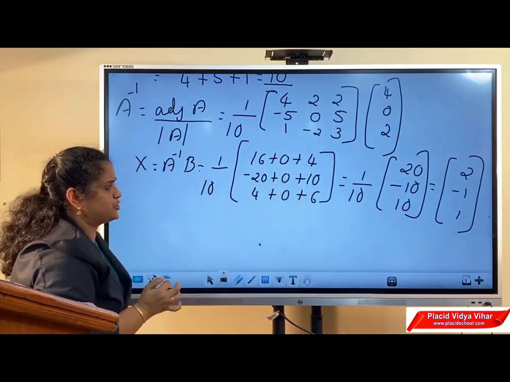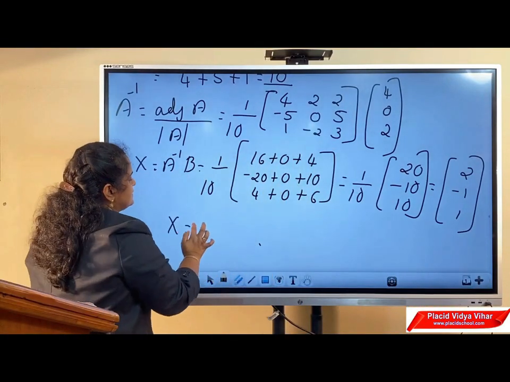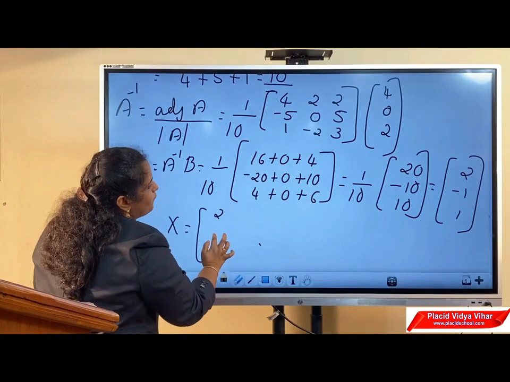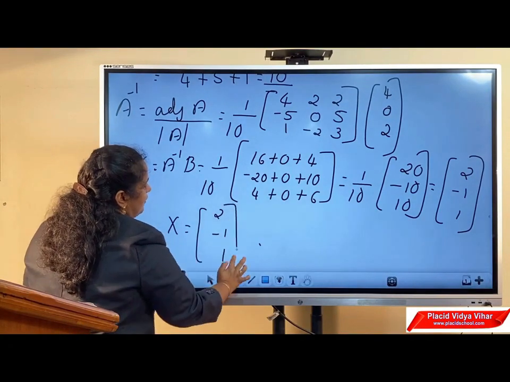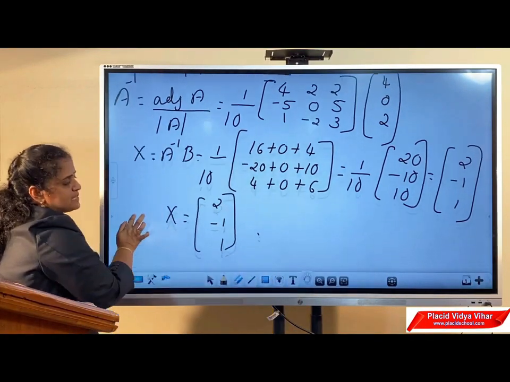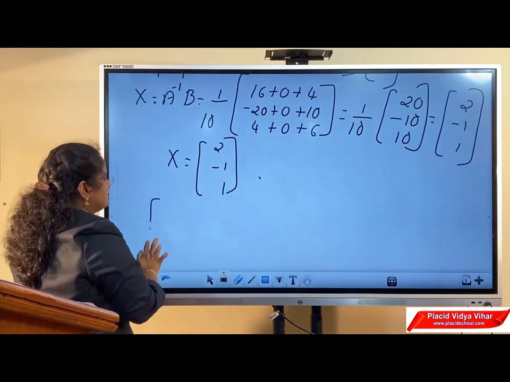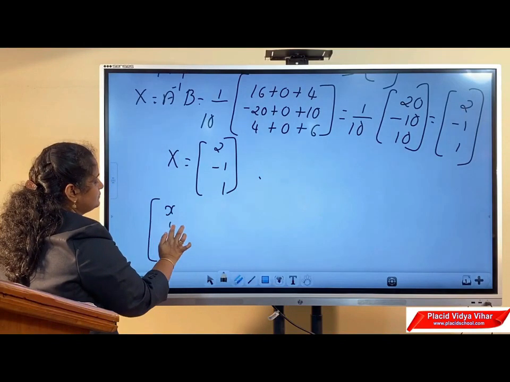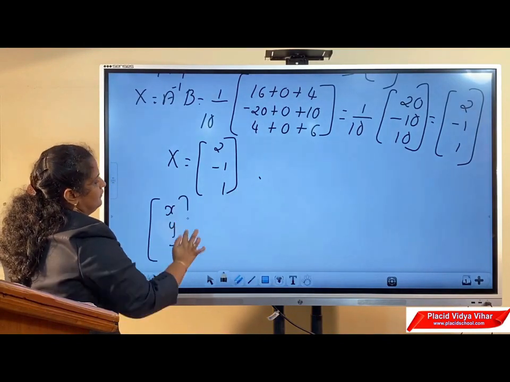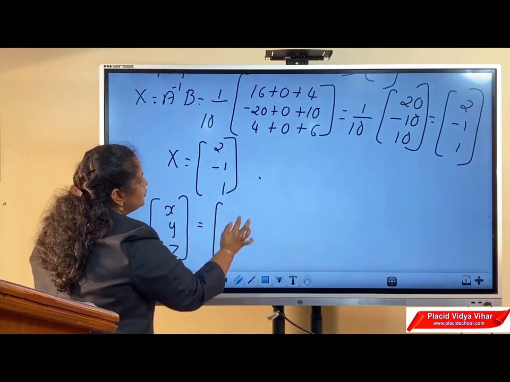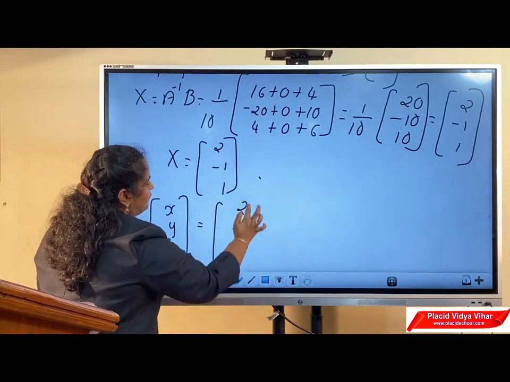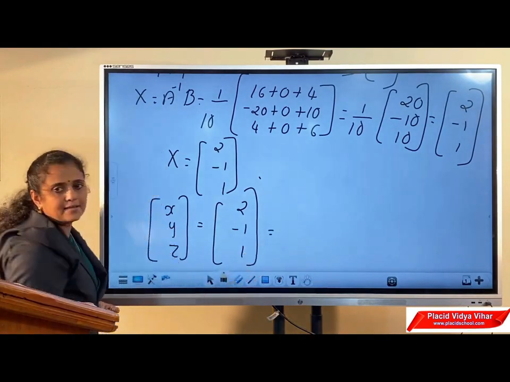X is equal to 2, minus 1, 1. The variables are X, Y, Z. That is X, Y, Z is equal to 2, minus 1, 1.